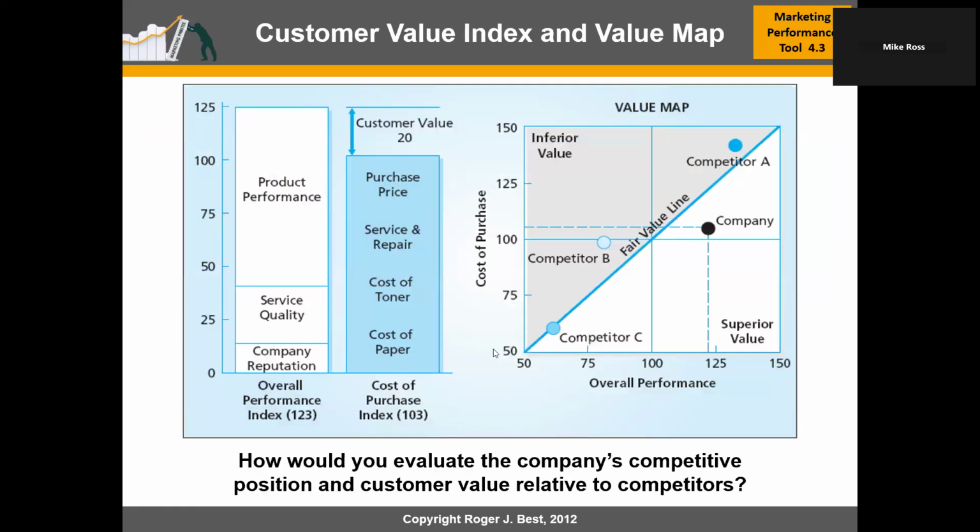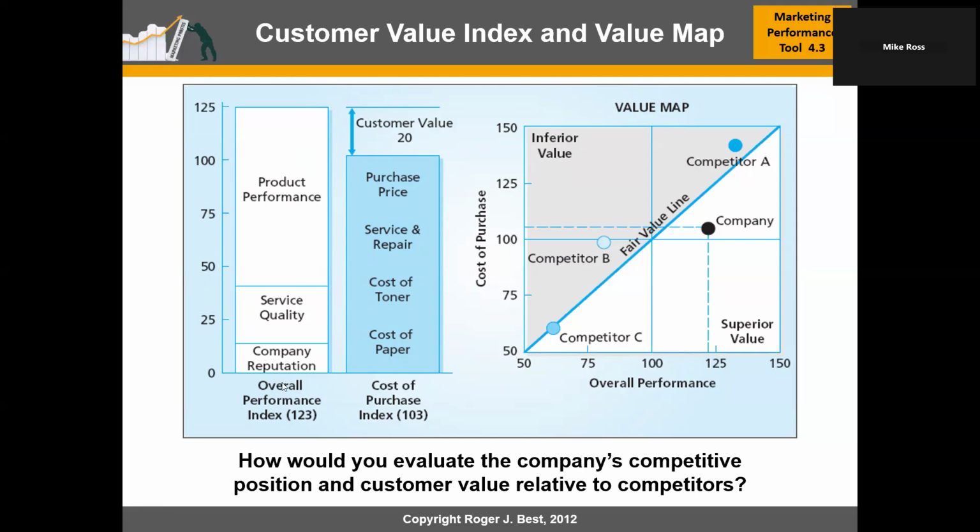Again, it's interesting that the example here by Best is around printing. I'm guessing HP was probably one of his clients from a consulting standpoint, which is great. But here you can see the total cost of ownership of a printer. I've got reputation, service quality, and product performance.